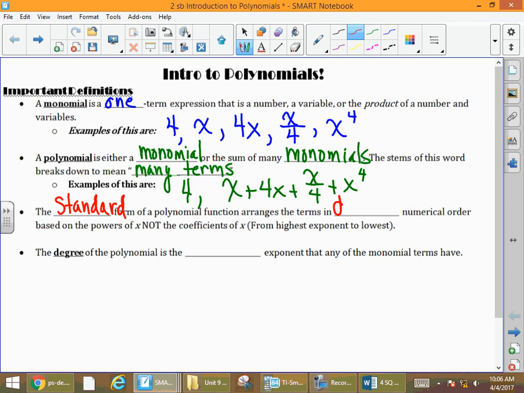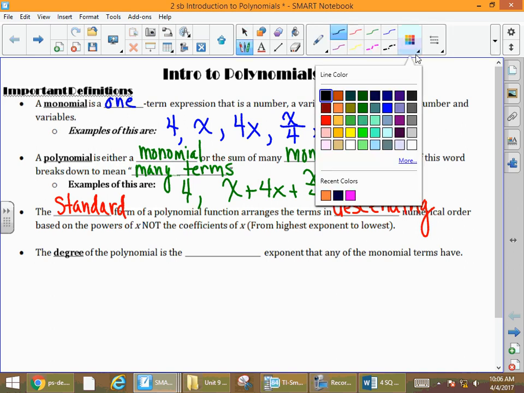So descending numerical order. It's based on the exponents, based on the powers, not the coefficients, not the numbers in front. We go from highest exponent to lowest exponent.